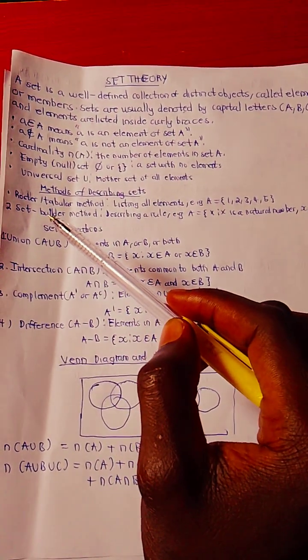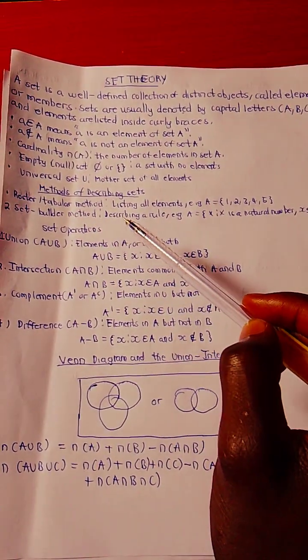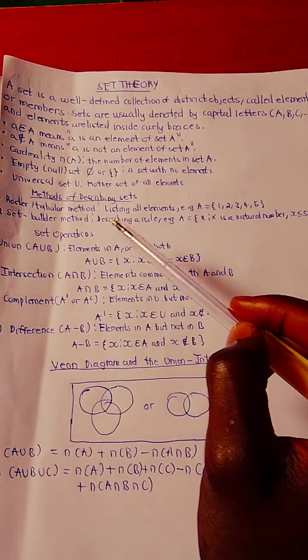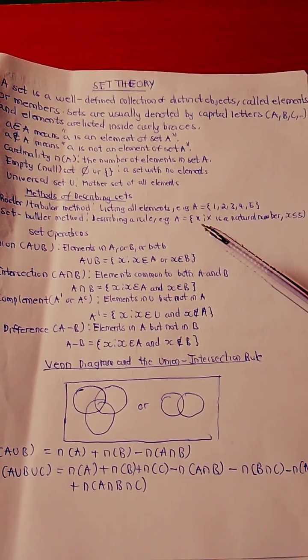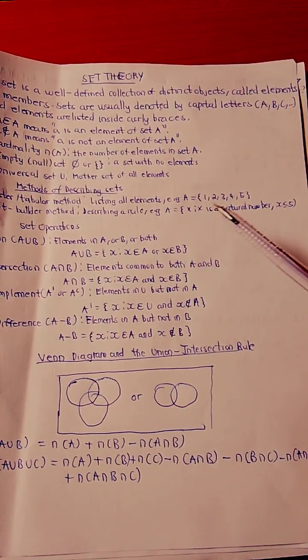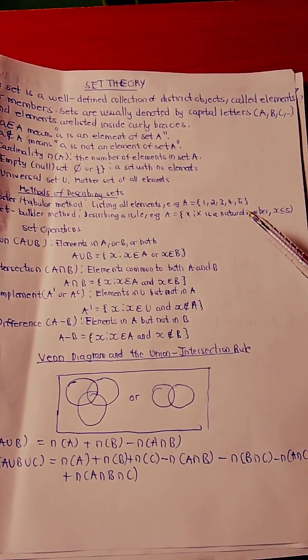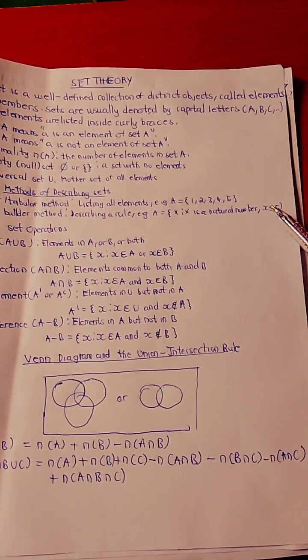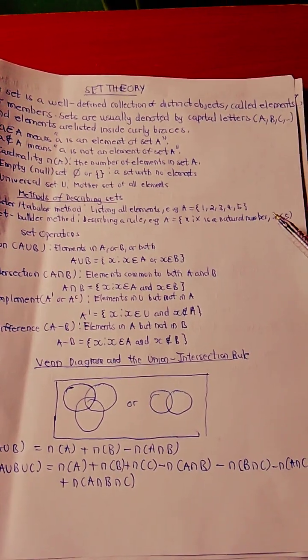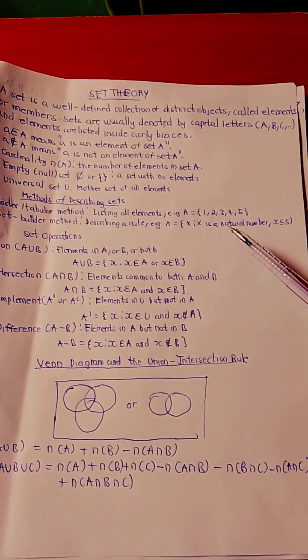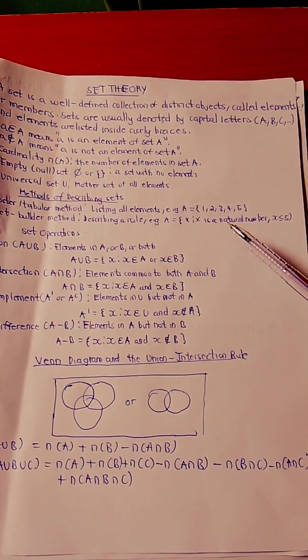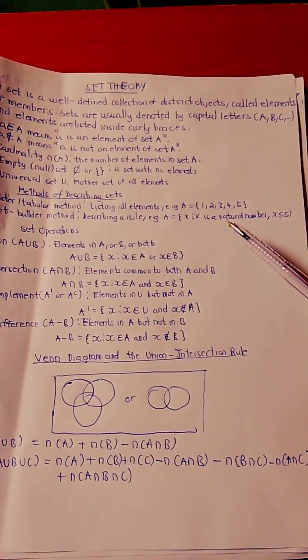But in set builder notation, it is describing a rule or a pattern. In this particular case, they combine everything together under a rule. Like this particular case here now. It says x is such that x is a natural number less than or equal to 5. Now, we know that natural numbers are counting numbers, and counting numbers start from 1, 2, 3, 4 till infinity.